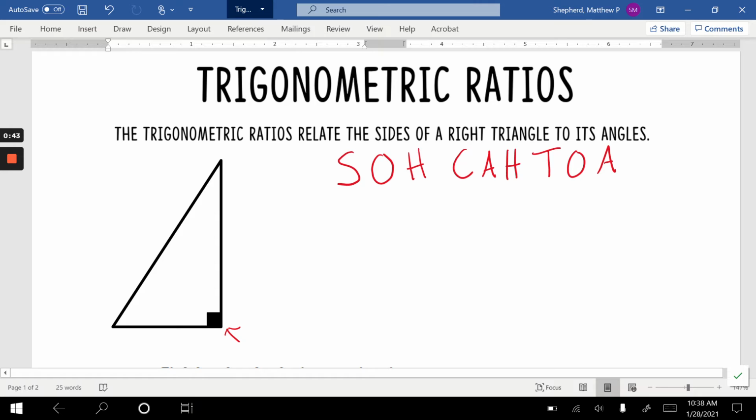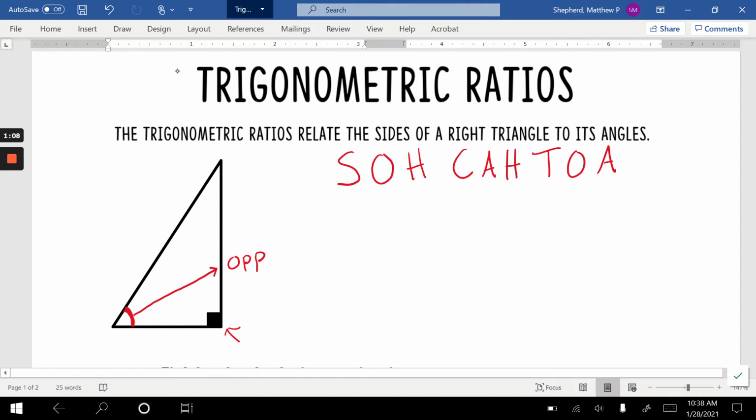First, let's identify an angle of interest. That means the side that's completely opposite of it we will call opposite.